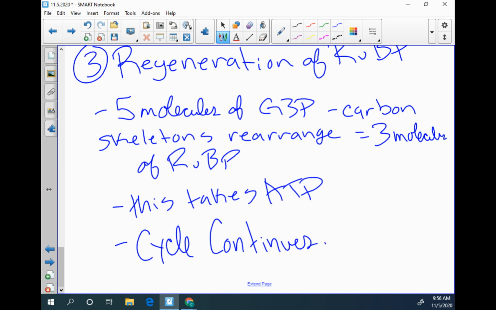That RuBP can get fixed by Rubisco, get another carbon dioxide, and do the whole cycle over again. Rubisco is the enzyme that catalyzes the reaction that gets us from CO2 and RuBP to our 6-carbon intermediate. It fixes carbon dioxide from the atmosphere.